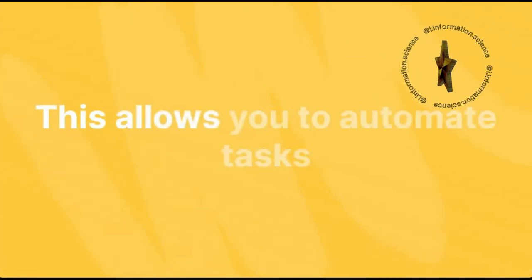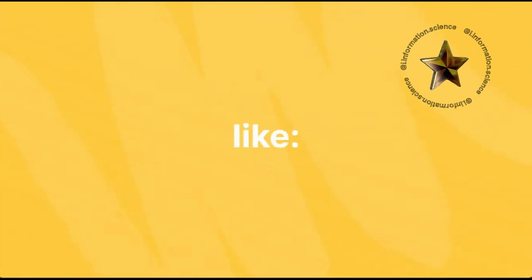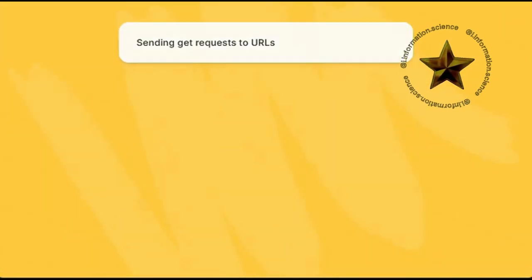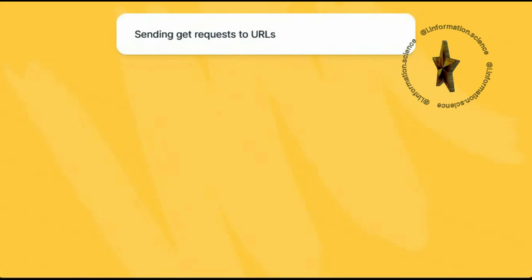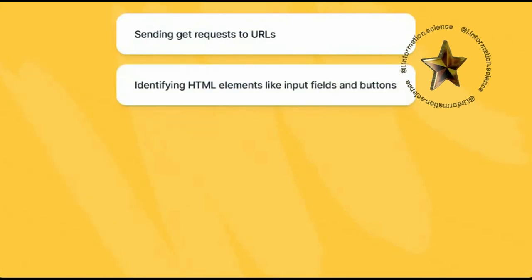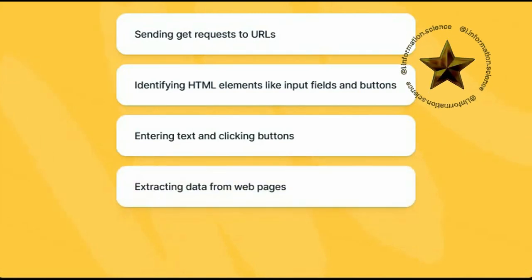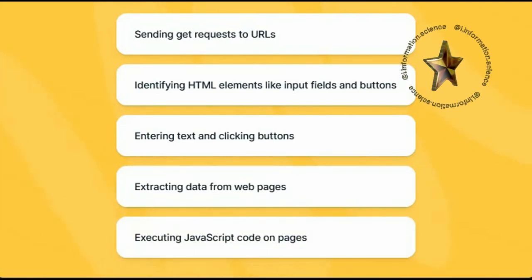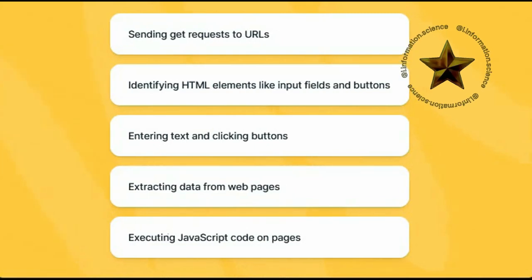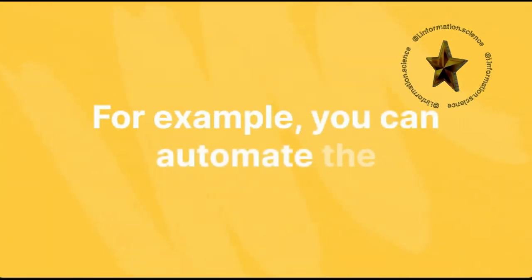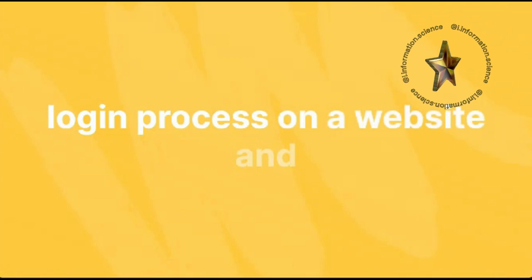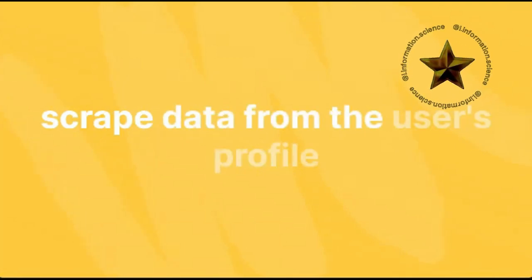This allows you to automate tasks like sending GET requests to URLs, identifying HTML elements like input fields and buttons, entering text and clicking buttons, extracting data from web pages, executing JavaScript code on pages. For example, you can automate the login process on a website and scrape data from the user's profile page.